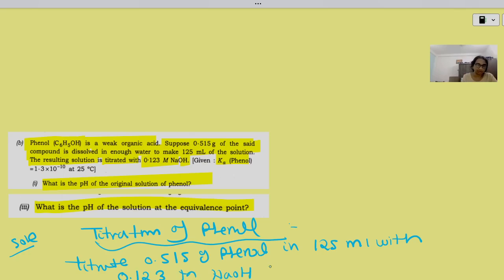Also given is the Ka, Ka is equal to 1.3 into 10 to the power minus 10. Now solve the two questions.